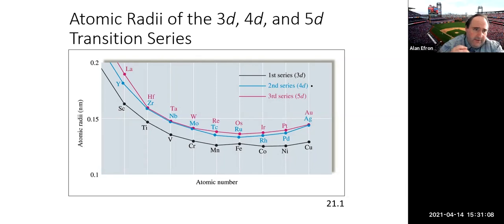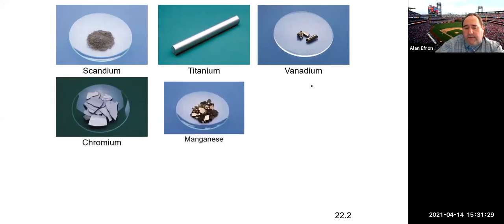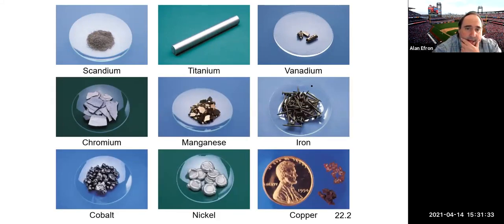As you go to the right on the periodic table, you're building up more and more protons. More protons give even those outer electrons a greater effective nuclear charge, bringing them in tighter and also making the atoms smaller. In case you've never seen the first row transition metals, these are examples of what they look like. Any questions on that?